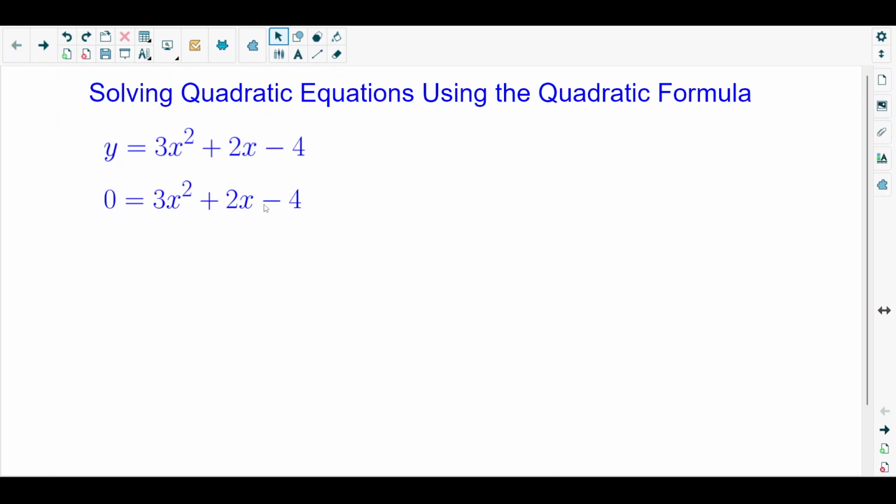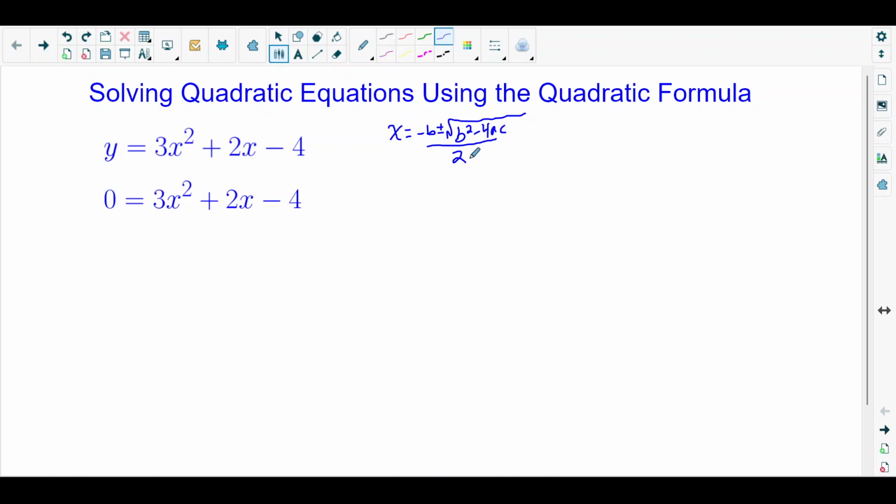So we use the quadratic formula for that, and just a reminder that the quadratic formula looks like this. x equals negative b plus or minus the square root of b squared minus 4ac, all over 2a.